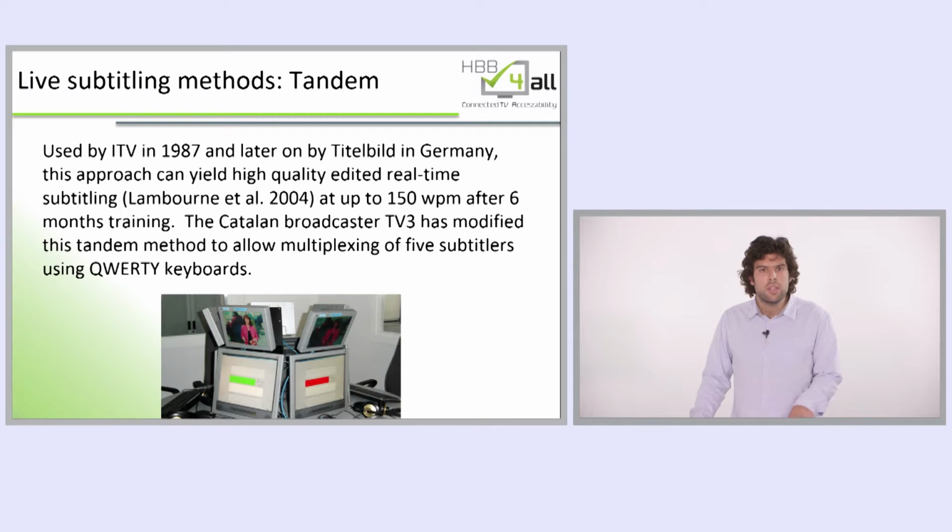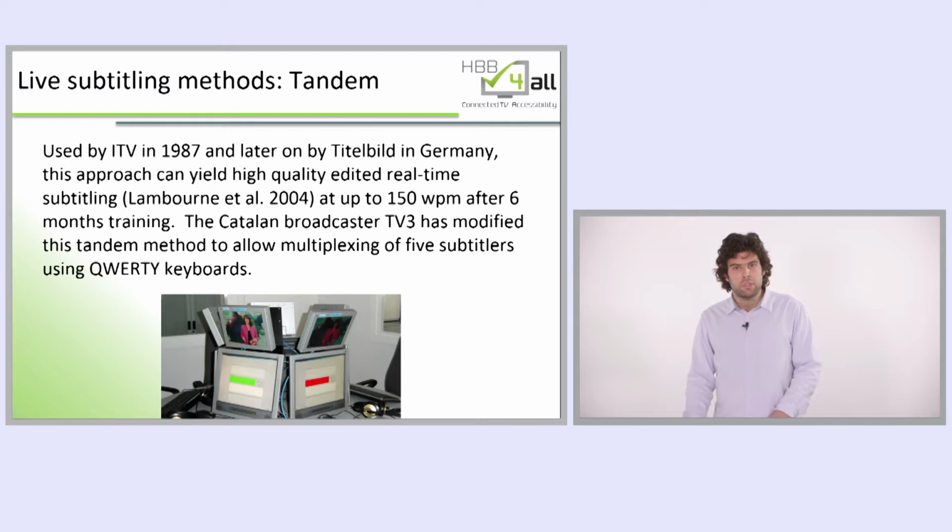It's an approach that can yield high-quality edited real-time subtitles at up to 150 words per minute after 6 months training. The Catalan broadcaster, up until very recently, was using this kind of tandem but for 5 people. So it was allowing multiplexing of 5 operators, 5 subtitlers, using QWERTY keyboards. The Catalan broadcaster TV3 is now using respeaking.